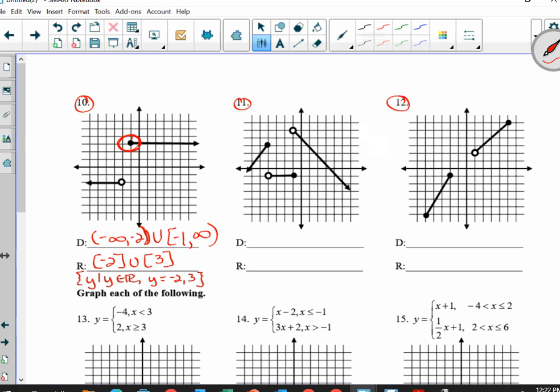Okay. All right. Number 11, what's your domain? Yeah, all real numbers, right? What about your range? Good. Parenthesis or bracket on 5. Good. Okay. 12, domain. Yes, okay. The hardest part is counting on these, I think.